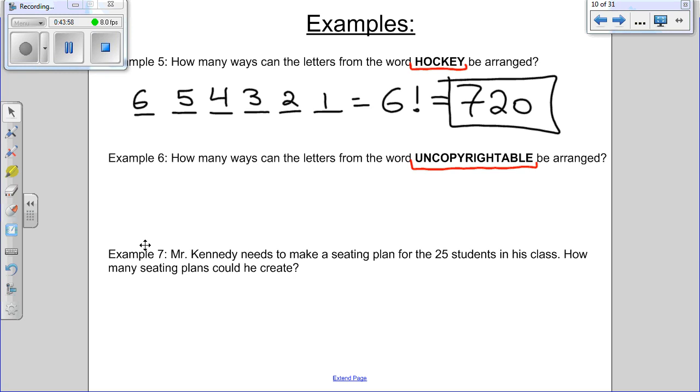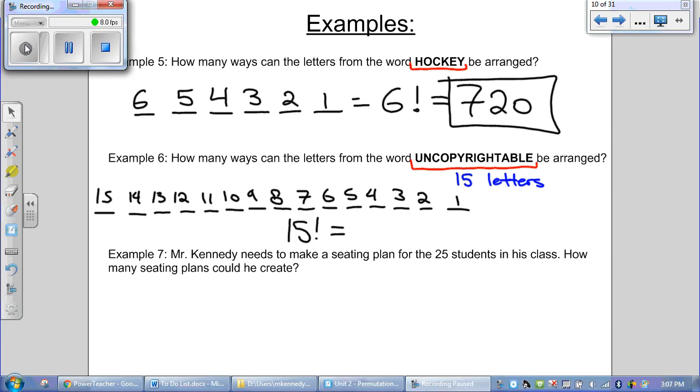That means you have 15 slots to place those letters in. And you need to go 15 times, 14 times, 13 times, 12, all the way down until you've used every letter. Put that in your calculator and it's not going to give you an answer that you like. Instead, you just call that 15 factorial.